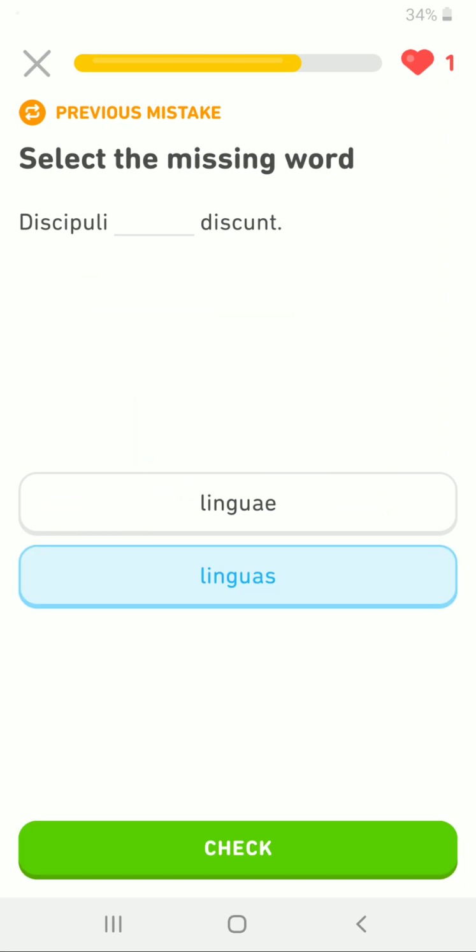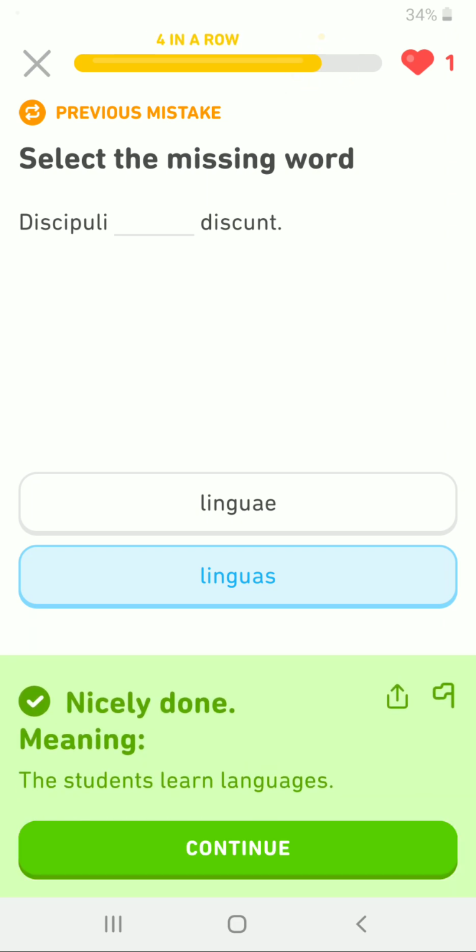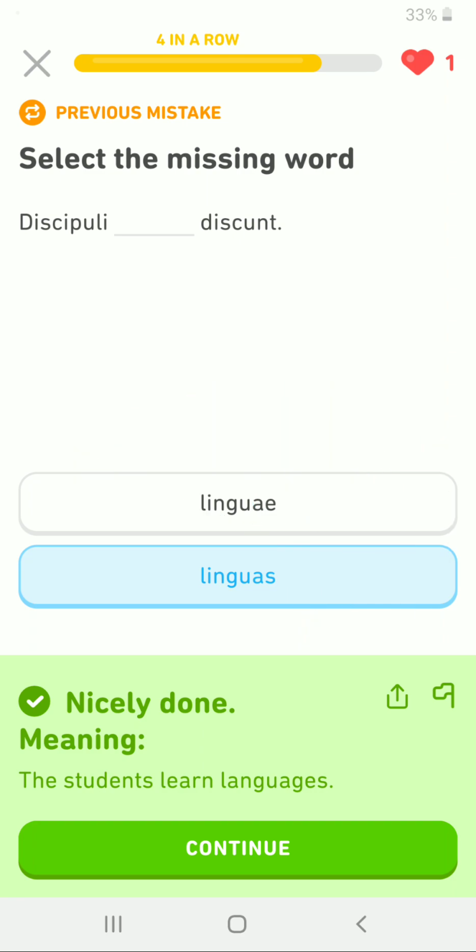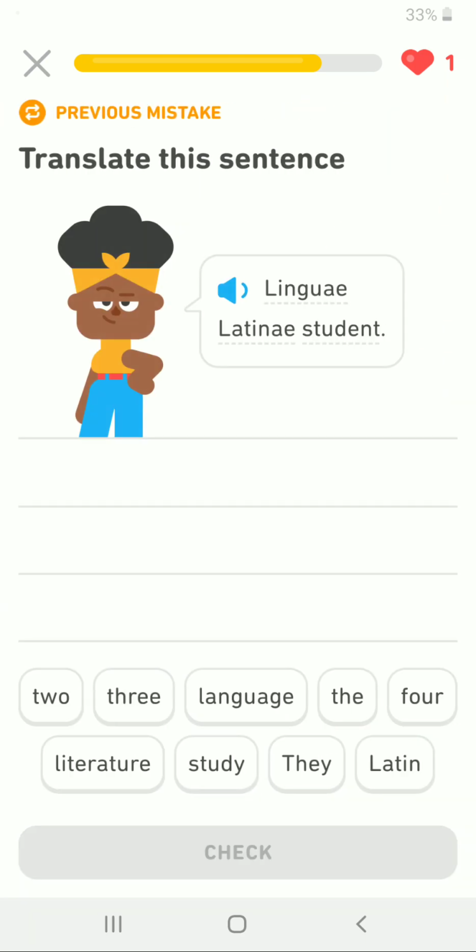That's why I will go with linguas. Linguas is the correct one. So we can understand here that this is plural, female plural. And this is female singular. And both are in accusative form. So linguas. Okay, moving on.